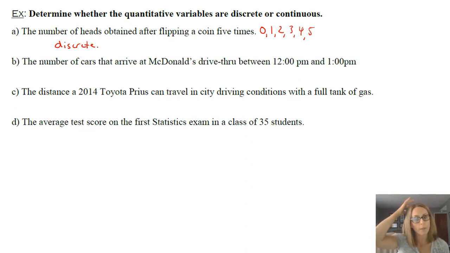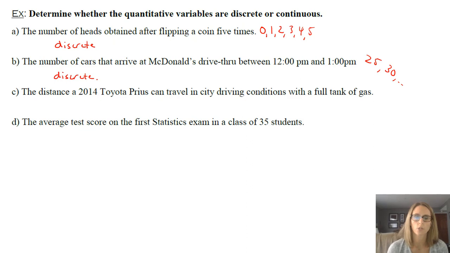B, the number of cars that arrive at McDonald's drive-through between 12 p.m. and 1 p.m. So you could count those. You could say, this hour is probably a pretty busy hour, so maybe there were 25 cars that came through. Maybe there were 30 cars that came through. The point being, you can count how many cars came through. So this is discrete.